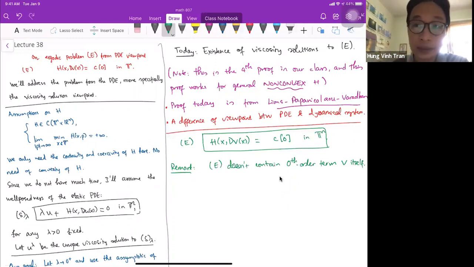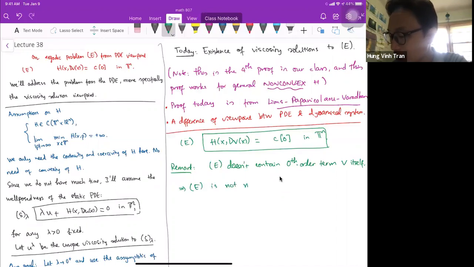It does contain V in the gradient of V, but it doesn't contain the zero order term V itself. And as a matter of fact, that implies that E is not monotone in V.